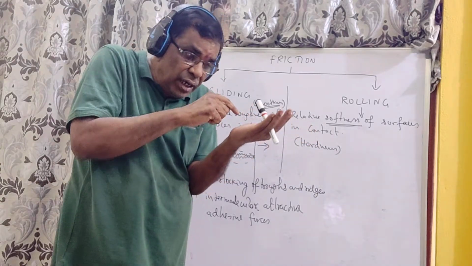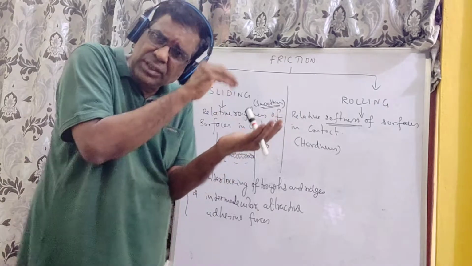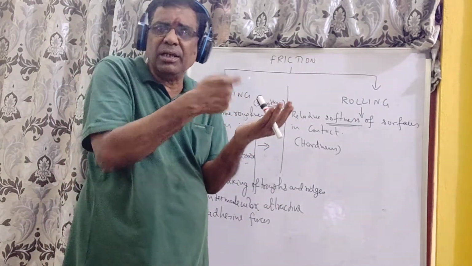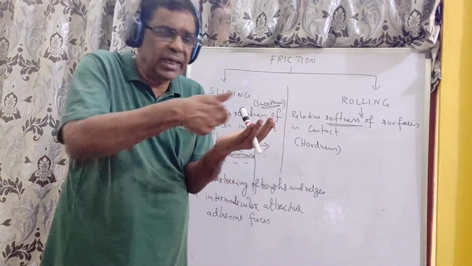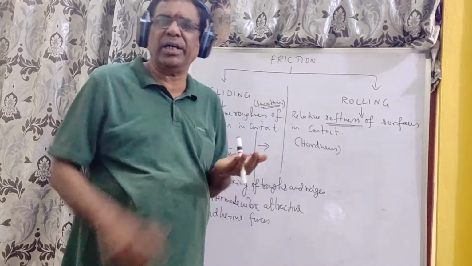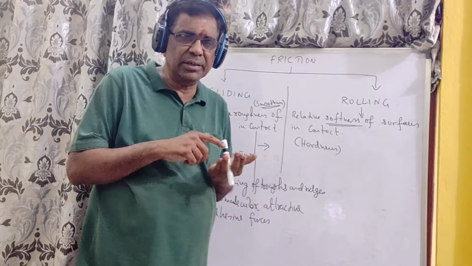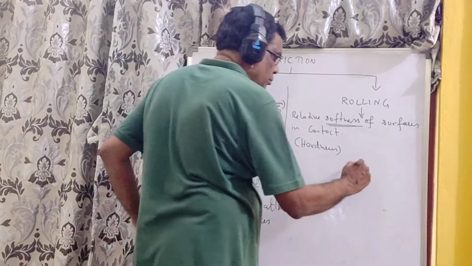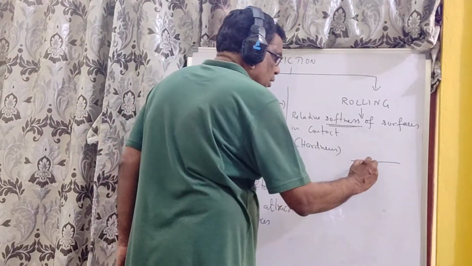So, in order to move such a body on a relatively soft surface, you have to overcome the component of normal force that is opposing the overall motion of the body. Be very careful of the words I'm using. First of all, what could have been a hard surface?